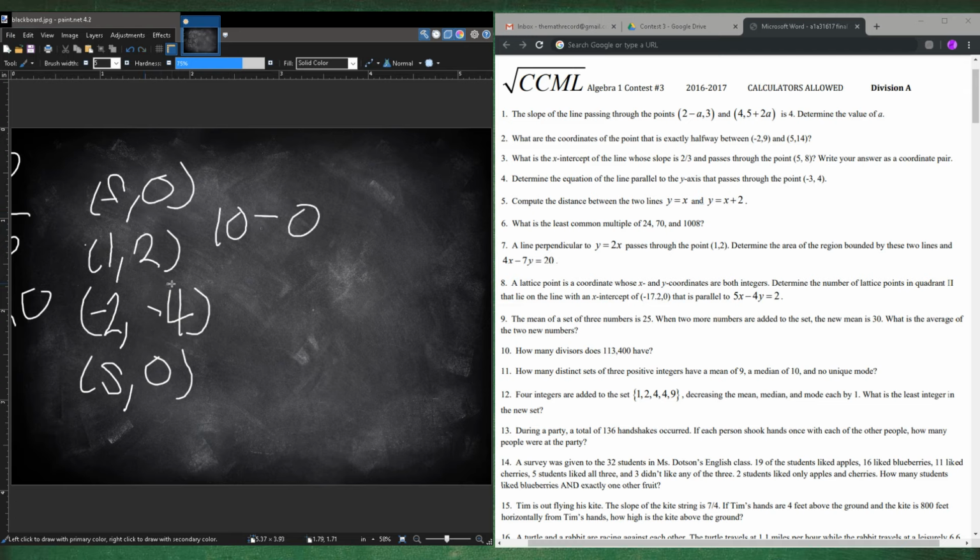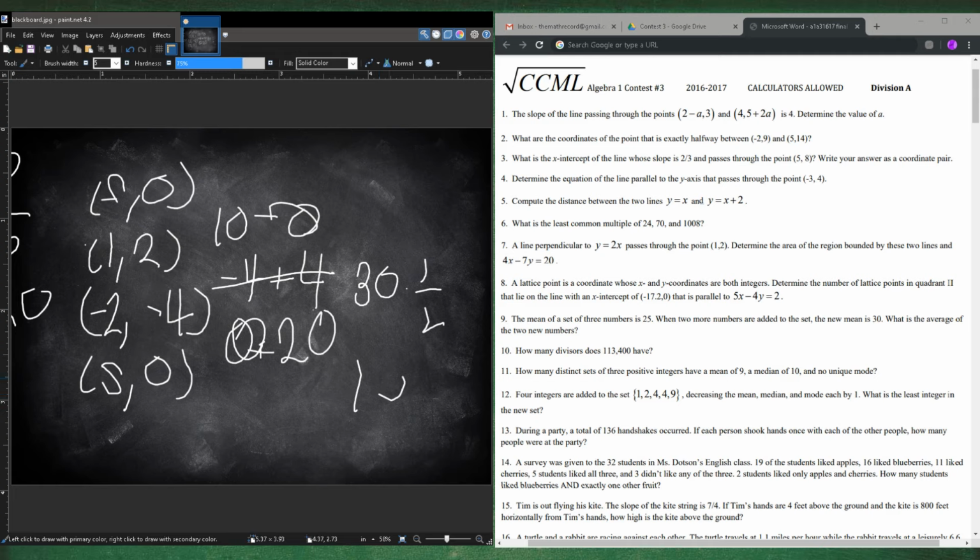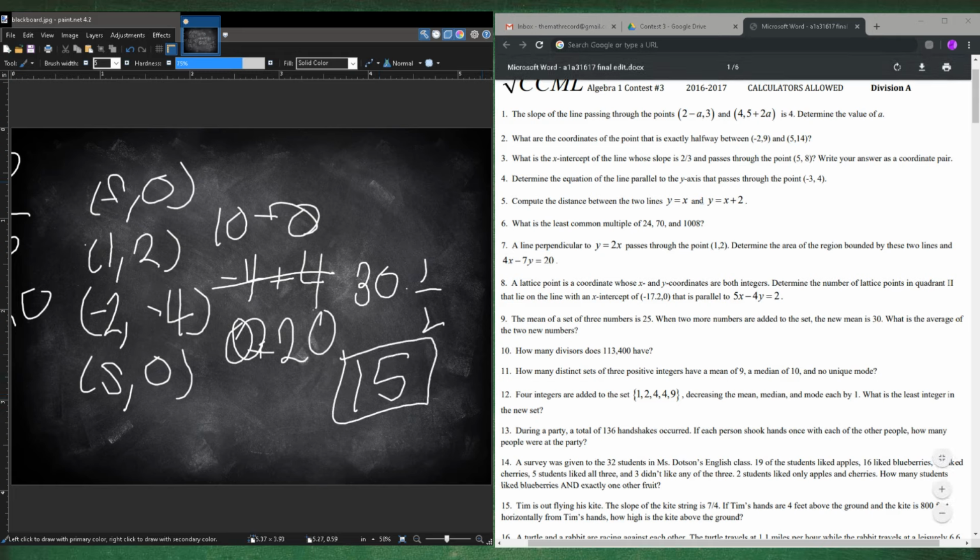Then you have -4 minus -4, so that's plus 4, and 0 minus -20, so it's plus 20. This cancels out, so that's just 30. Then multiply by half, and that will get you the area, which is 15. So the answer for number 7 is 15.